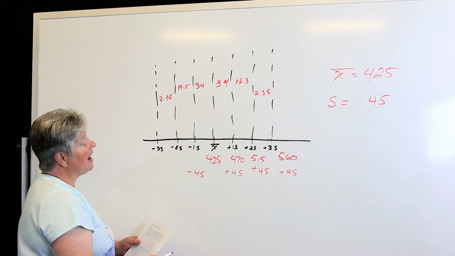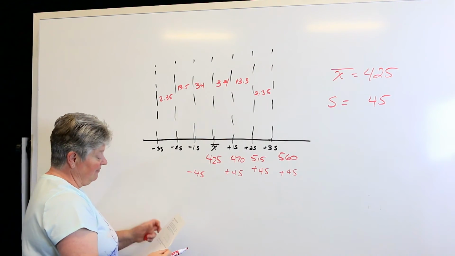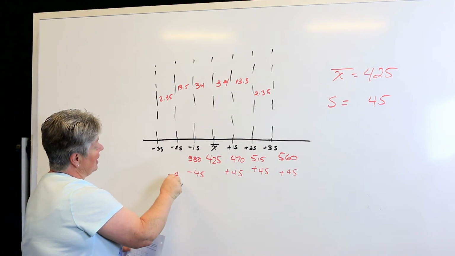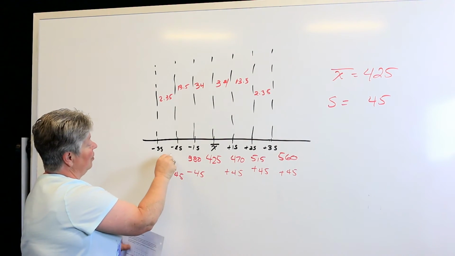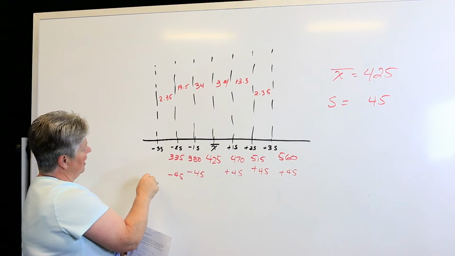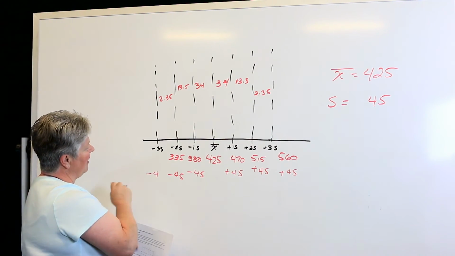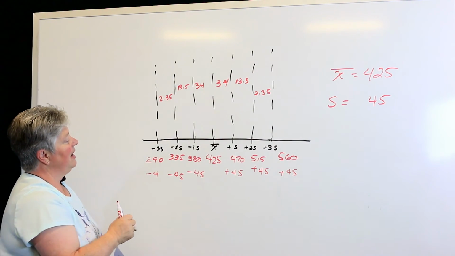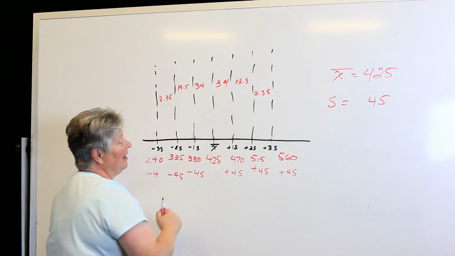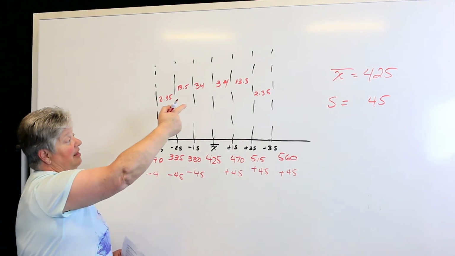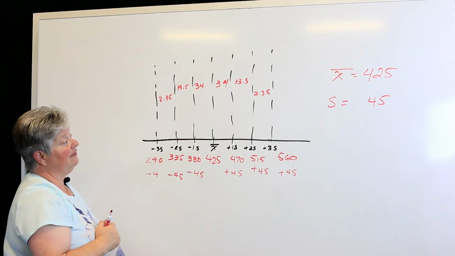So when we subtract 45 from 425, we're going to get 380. Subtract another 45, we're going to get 335. And we subtract another 45, and we're going to get 290. Now, we were able to put these values in because we knew it was normally distributed. That was our mean. That was our standard deviation.